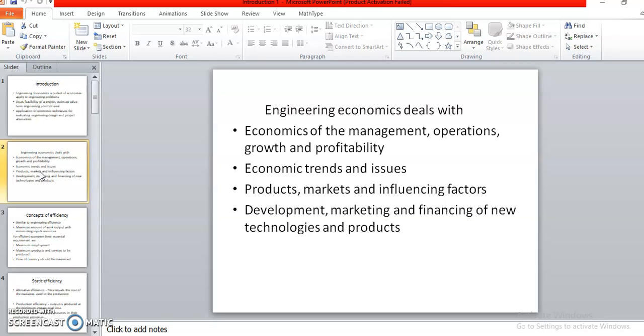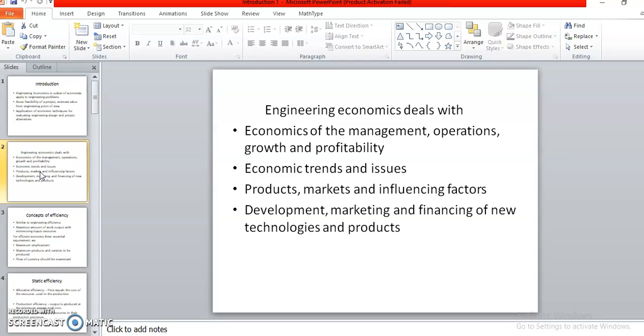So influencing factors are another point. Again, we can correlate this with the development and marketing of that product, and also for this product we can use new technology which will reduce the cost of that product.